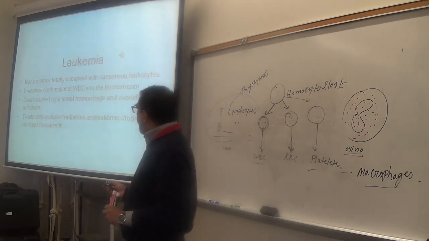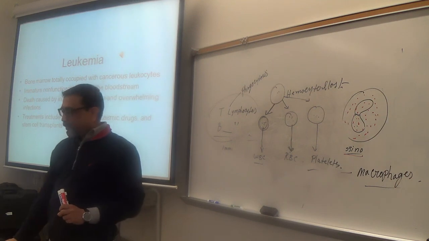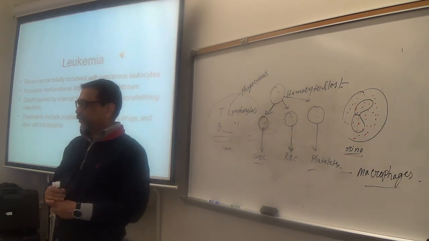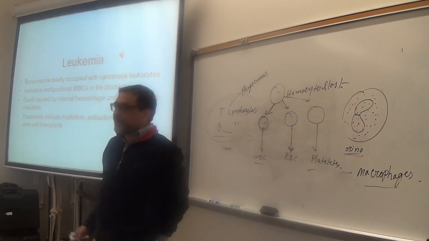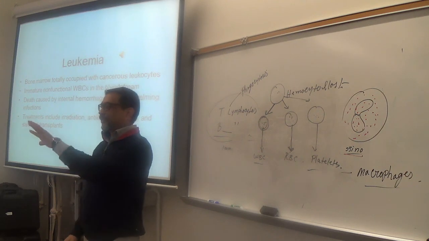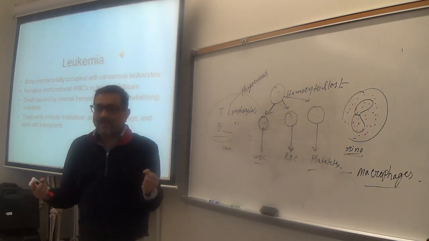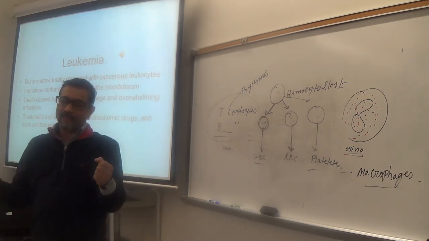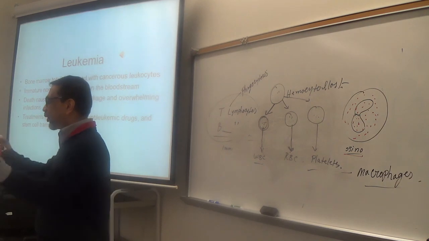Now, what's the problem of leukemia? The white blood cells that are produced are mostly what? Non-functional. Although they are white blood cells, they cannot function. They cannot destroy the microorganisms.